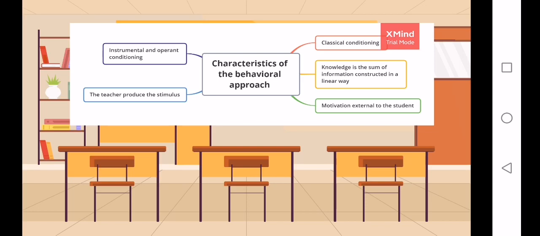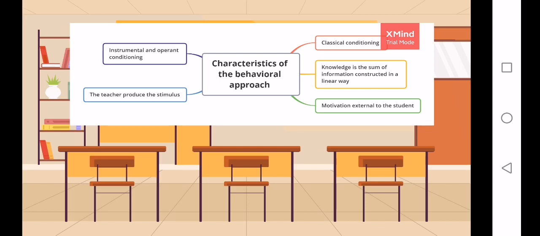The teacher produces these stimuli. He can give good grades, stickers to have the students interested in the class and the activity, and the interaction is passive in this approach, between teacher and students.